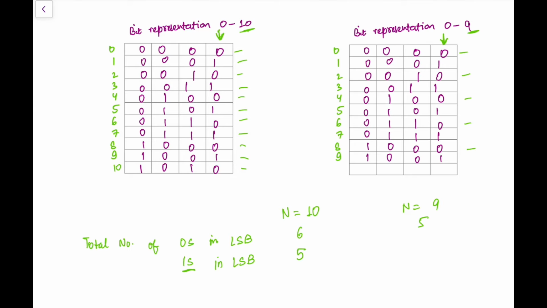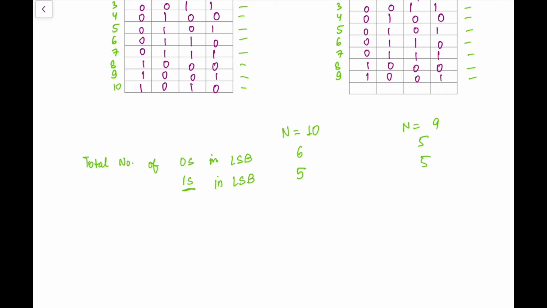So 1 occurs 5 times, and here it also occurs 5 times, right? So we can see that the count of zeros is always greater than or equal to the count of ones in the least significant bit. Observation 1.